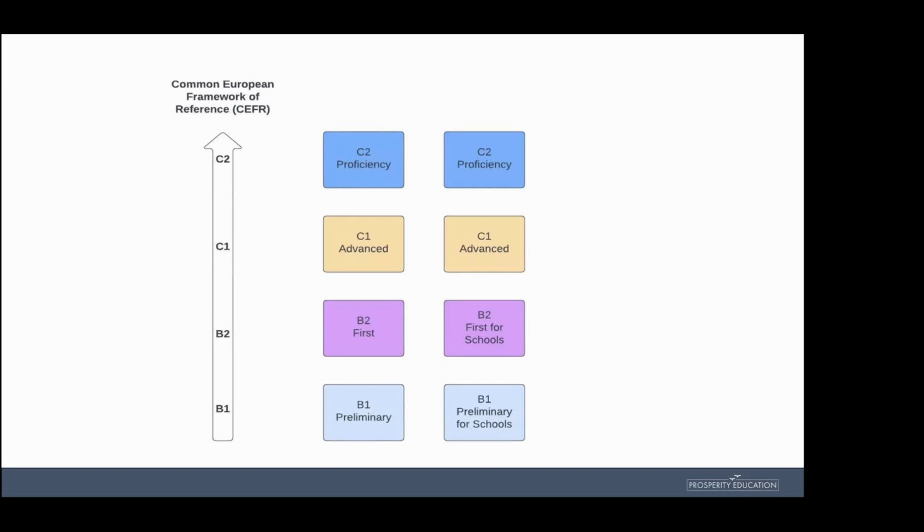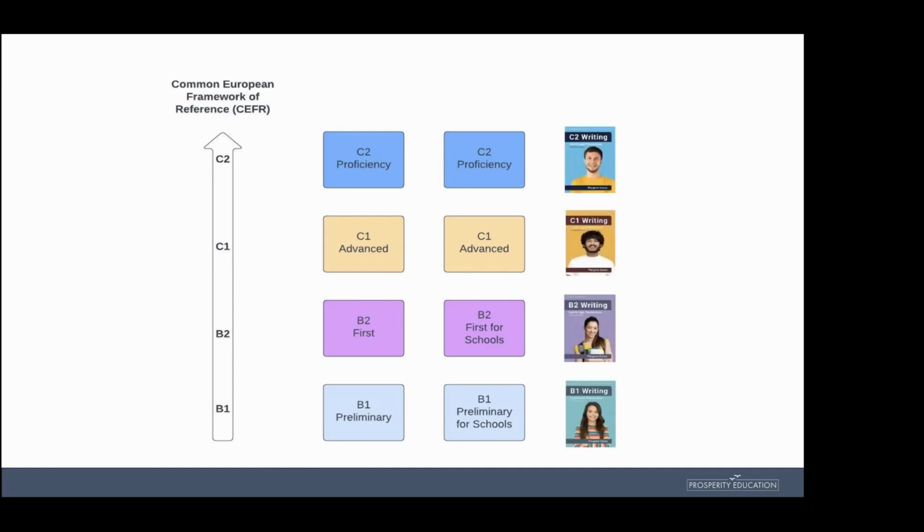This is because a lot of students who take the tests at these levels are younger, and so the content and topics are tailored for this younger audience. Students taking C1 and C2 are usually slightly older, so there aren't for schools versions of these. But whether you're teaching for the for schools version or the main version, the same principles apply and the same mark scheme is used.